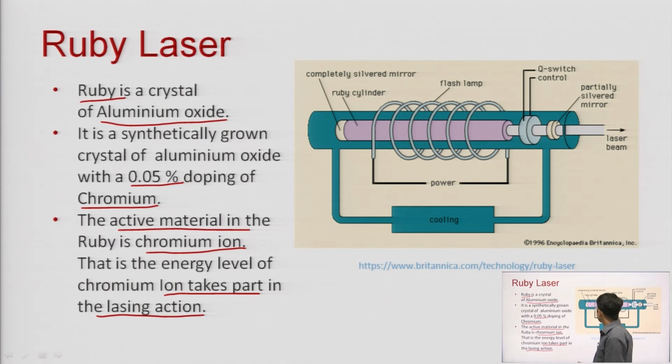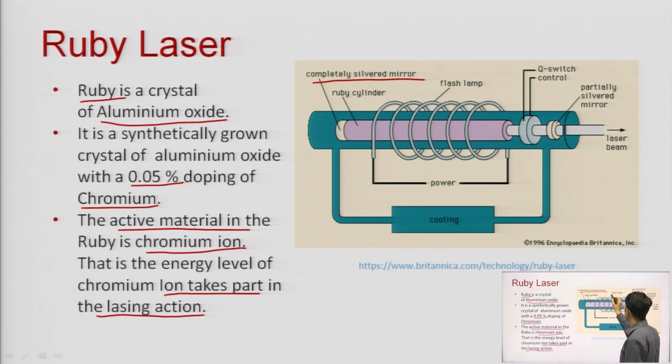This is the construction. You can see this is a cylindrical ruby crystal, and it is kept inside a cavity with completely silvered mirror surfaces. Inside this there is a cylindrical crystal of ruby, and optical pumping is used.